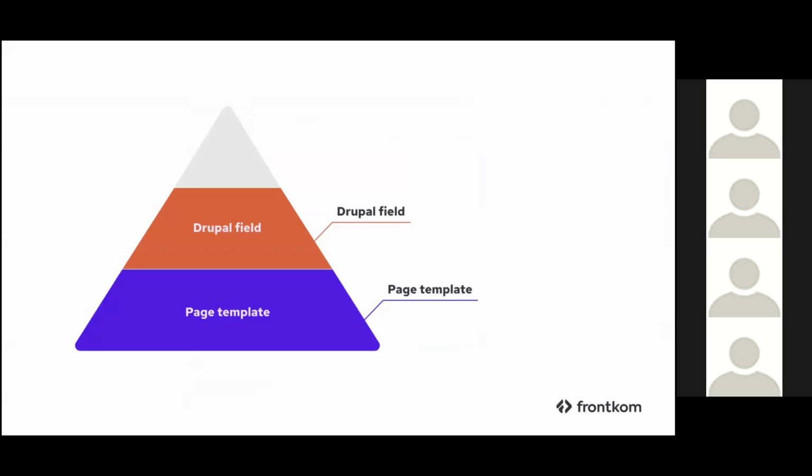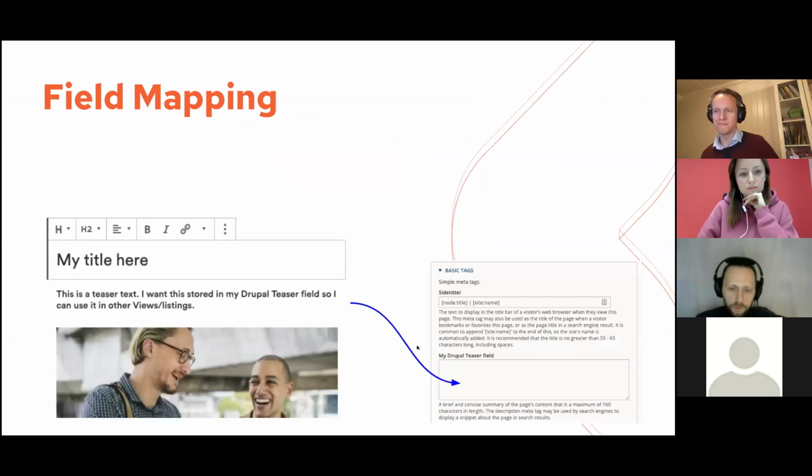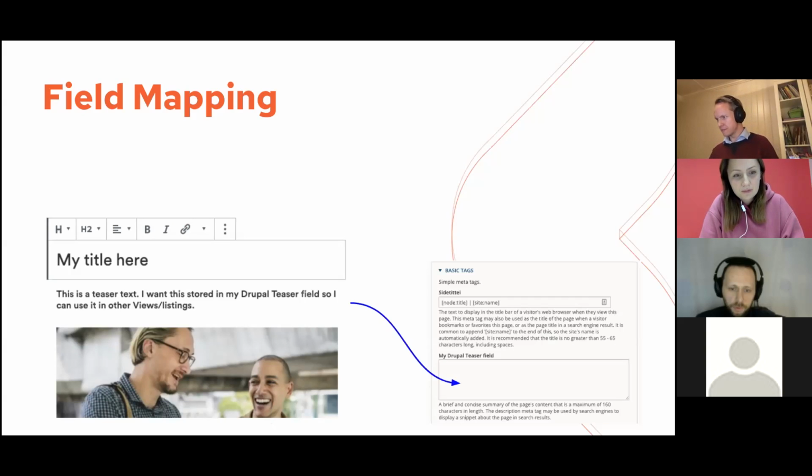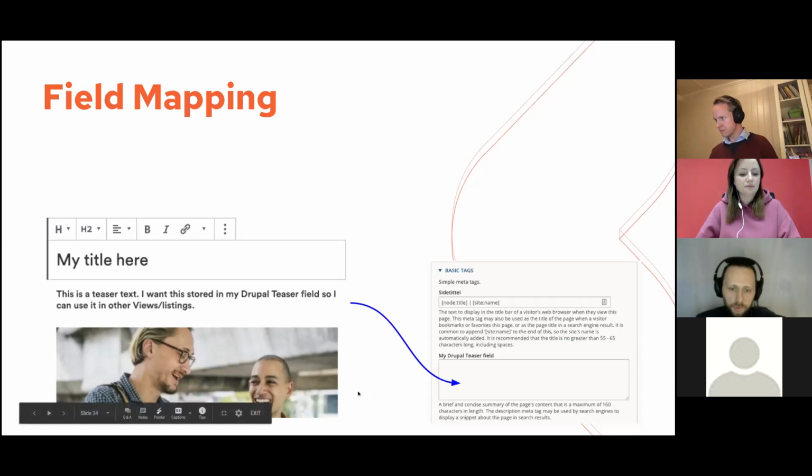Because we need that to take advantage of another great feature that Drupal Gutenberg offers. Oh yeah, field mapping. Now we've looked at how we can define a template, a fixed layout for our content. But remember, Gutenberg usually saves all its data in the body field.